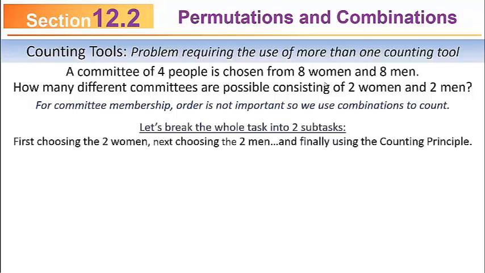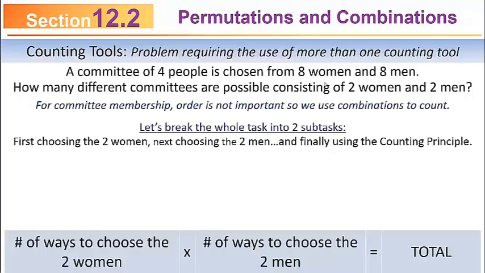But there's really 2 different stages. One stage is to choose the women, and the other stage is to choose the men. For choosing women, we know order doesn't matter, so we'll use combinations. And for choosing men, the order doesn't matter, so we'll use combinations. But since it's a 2-stage experiment, it will be embedded inside the counting principle.